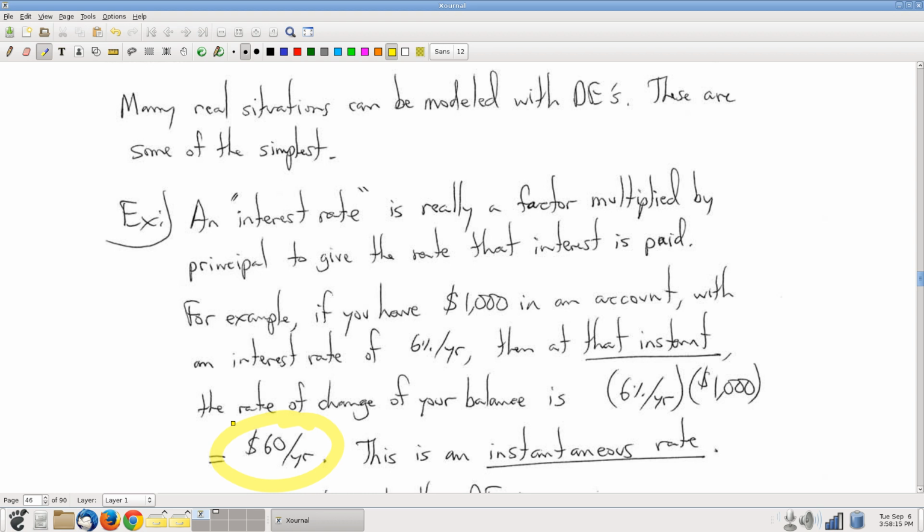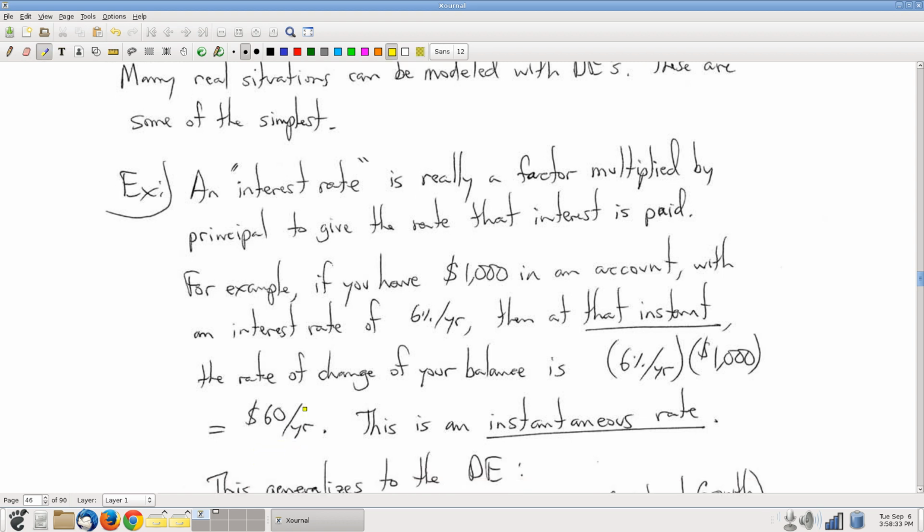And of course, that's not exactly accurate, because as money starts going into the account, the balance goes up, which means that the rate at which money is going into the account also goes up. So it's not quite as simple as saying that this is a constant rate. Sometimes this is addressed through ideas of compounding, and we'll talk about that more momentarily.